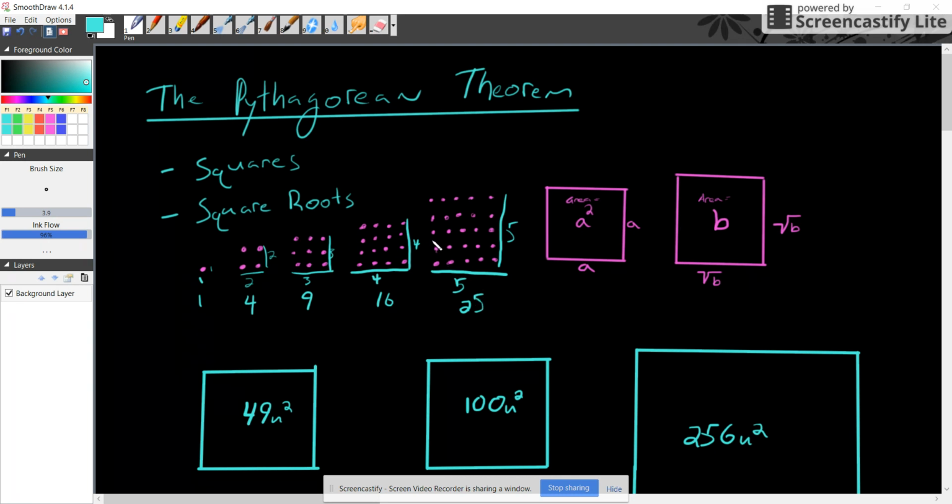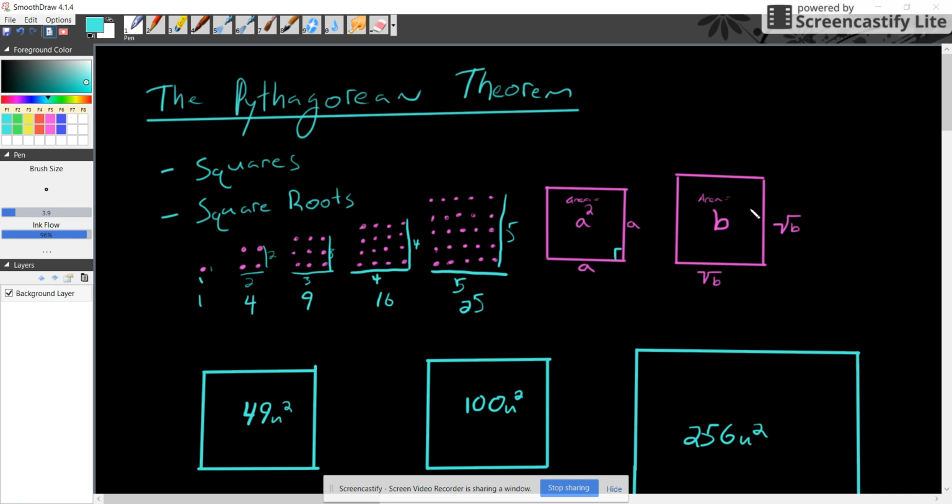So when we get a little bit older, we learn that instead of using physical objects to make squares, we can use measurements to make squares. If we use measurements, it becomes a little bit more clear. So I could have a length A on one side and a length A on another, and if this is a right angle, the area of this is A squared.